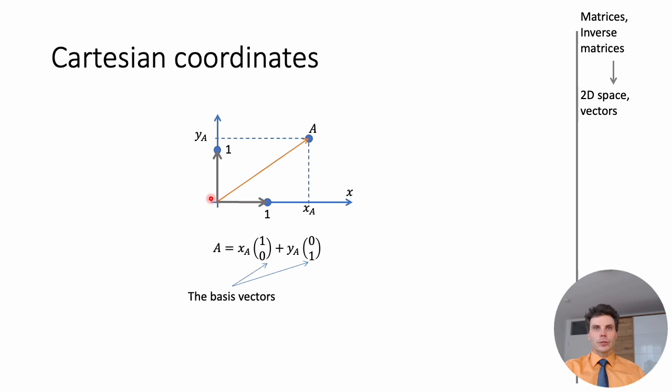We interpret the vector A as the weighted sum of two other vectors. One has the coordinates 1, 0. Another one has the coordinates 0, 1, and they are shown here. These vectors are called the basis vectors, and the weights in the weighted sum of these two vectors are essentially just the coordinates of the original vector.